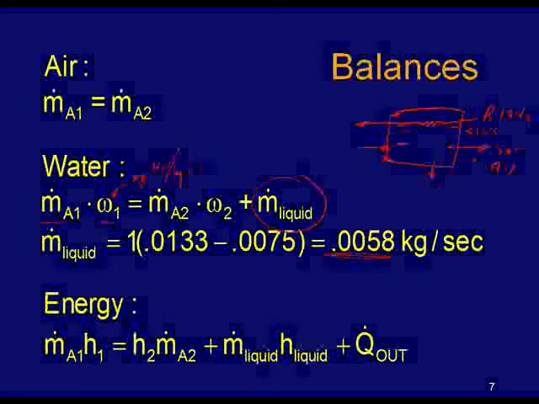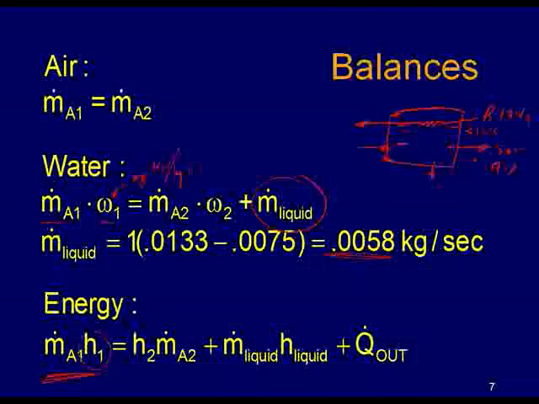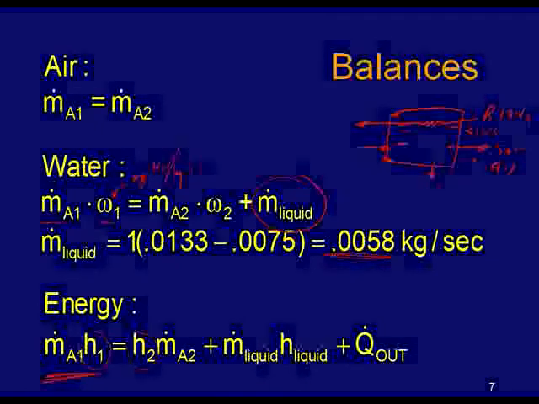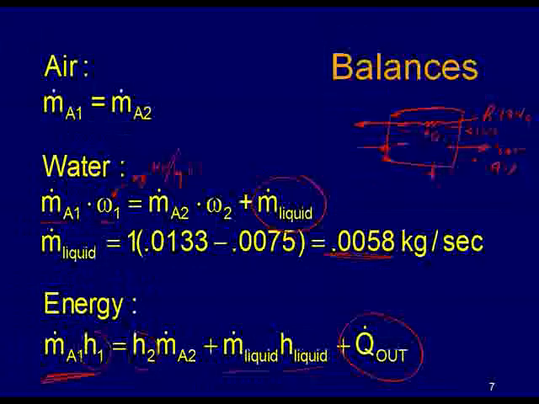Now the energy balance is mass flow of the air times its enthalpy. And this enthalpy represents the enthalpy of the mixture per kilogram of air. And again, the H2, Ma2, and remember Ma1 equals Ma2. It's equal to mass of the liquid times its H plus Q. Now we can calculate that Q is going from the air and into the Freon.